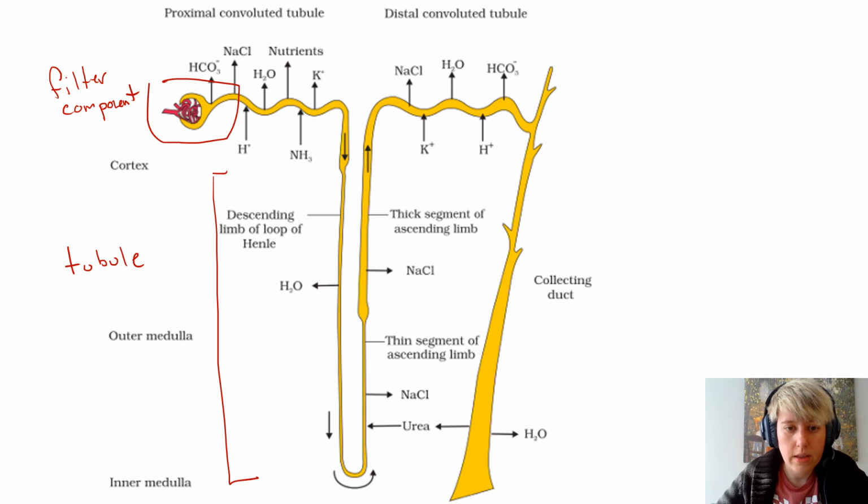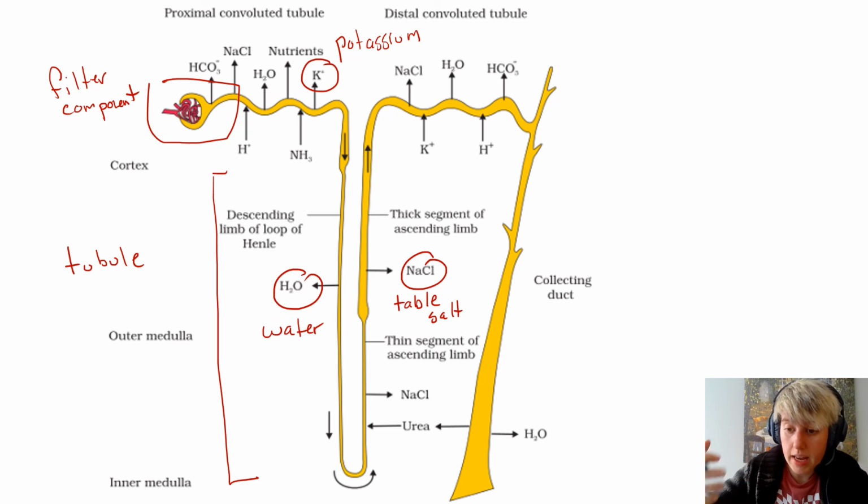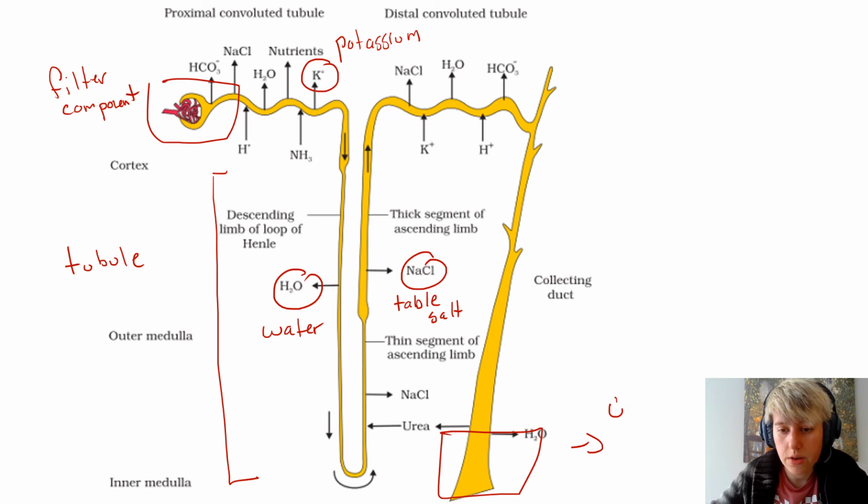So as your liquid is going through the tubule, things like potassium, things like water, things like sodium chloride, so table salt, get removed if, again, these levels are too low and need to stay in the bloodstream. If the levels are too high, then it would basically stay in the tubule, and then anything that remains right here forms your urine.